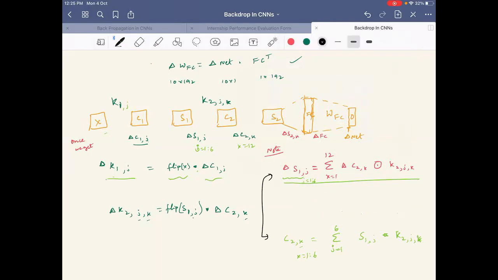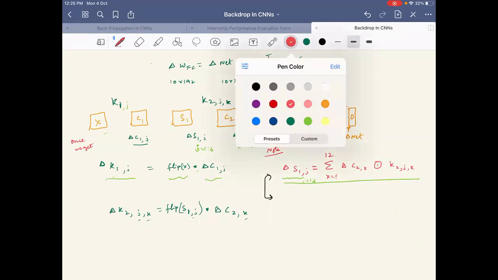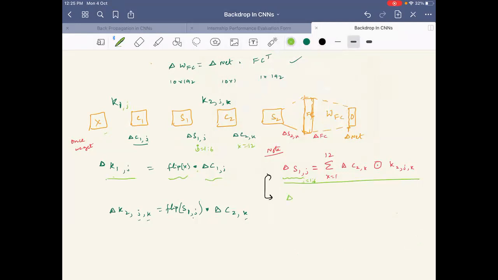In the forward pass, you might have written that C2K is obtained by S1J convolution with the kernel K2 J comma K, where the summation is over 1 to 6.